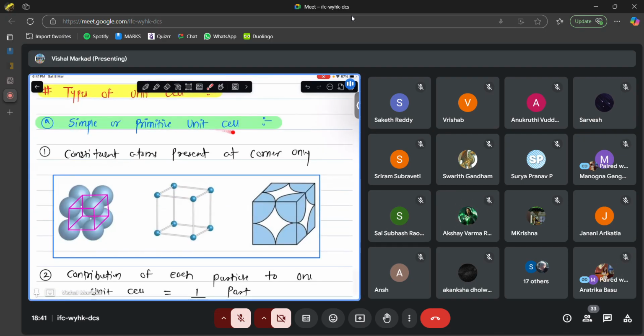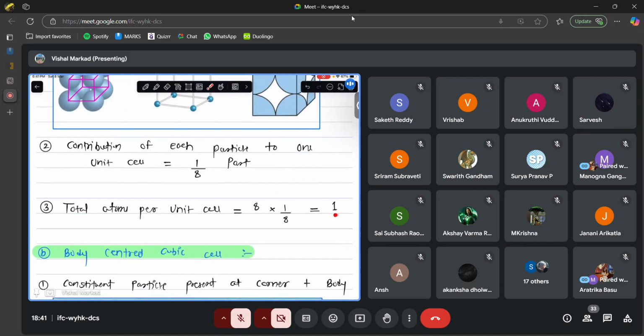In a simple or primitive unit cell, how many atoms are present? Only one atom is present. Number of atoms in SCC, the short form we call it, simple cubic unit cell: how many atoms are present? 1 atom.